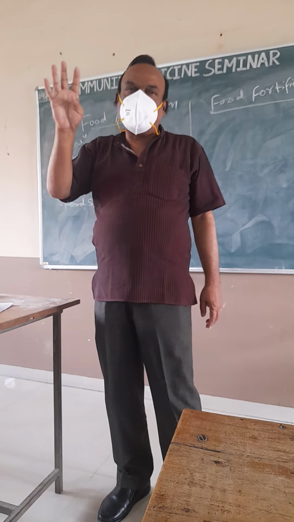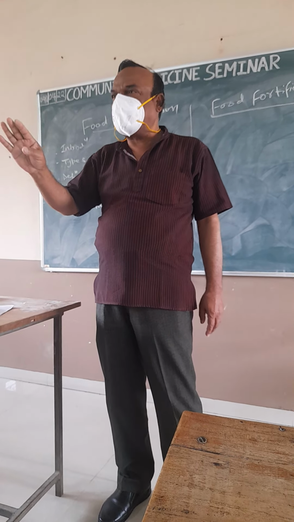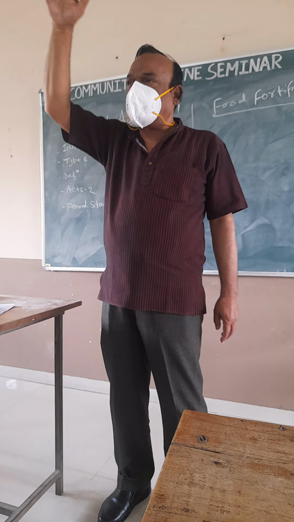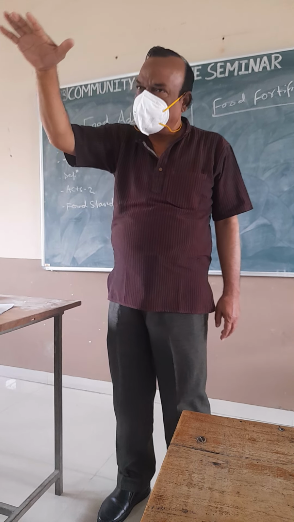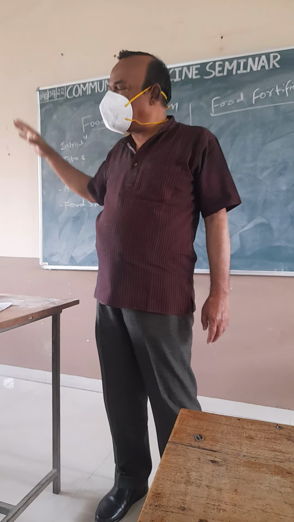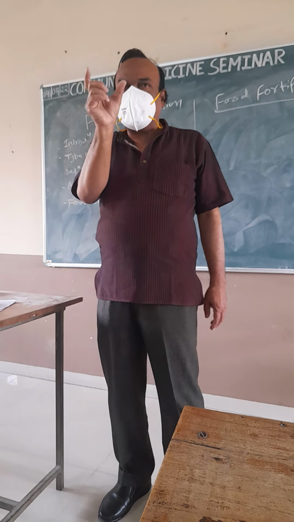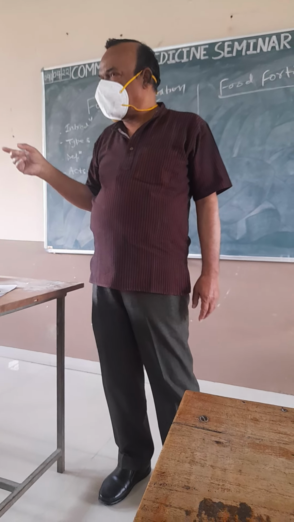So there are 4 standards which have been settled at the international level, national level, state level and the local level. At the international level, there is a committee called Codex Alimentarius.